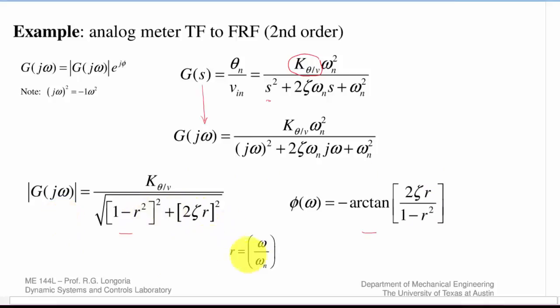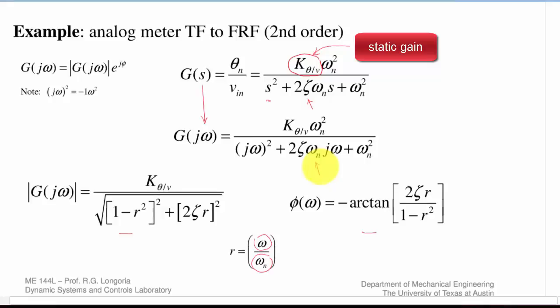Here I've used R as the ratio of the forcing frequency to the natural frequency of the system. Now, we don't know any of these parameters. We've measured this parameter, but we don't have the damping ratio, and we don't have the undamped natural frequency.